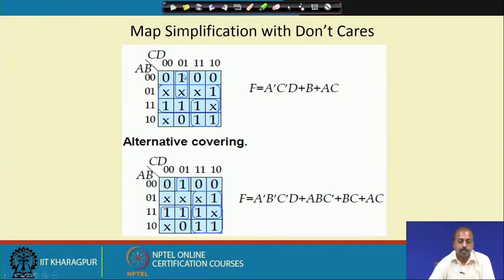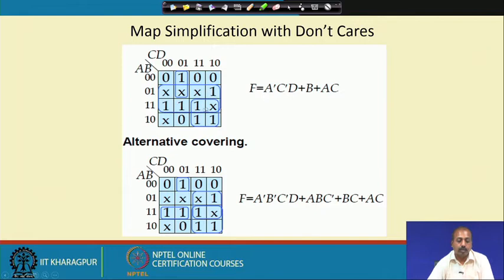So, this is a map with some do not cares. You see that in this case, we have fruitfully exploited these do not cares to make a quad here. This quad gives me only b, which is not changing its polarity, while all the other variables are changing their polarities. So, that is b. Similarly, this is an octet, containing 8 ones, and that gives me b, and this is a quad.